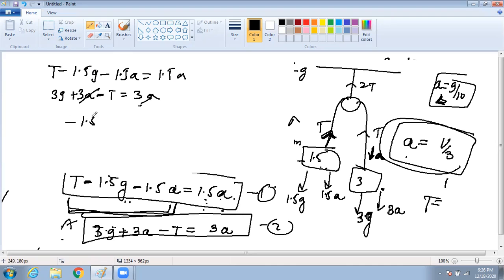So minus 1.5 g equal to 1.5 a plus 1.5 a, and here this side you will have 3g. Correct? Am I correct now? So here it will become 1.5 g is equal to 3a. Yes or no? Somewhere I am making a mistake.